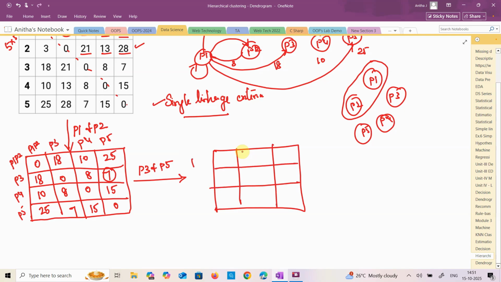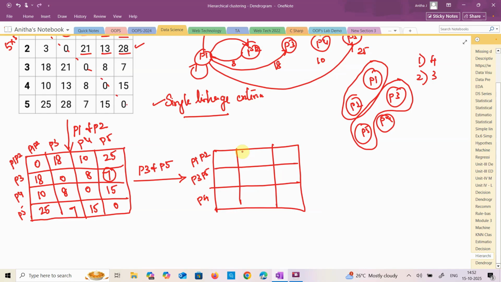We have already merged P1 and P2. Now P3 and P5 get merged, and we have P4. So we are merging P3 and P5 together. In the previous step we had 4 clusters in total: P1 and P2 together, and P3, P4, P5 as individual clusters.